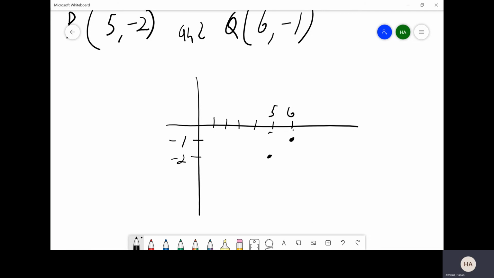So again, it's a fairly small line segment, but that doesn't mean that there's not going to be a midpoint. So we draw the line segment. Great. So we're looking for the midpoint, which is the point that lies halfway between both of them. So if this is P, this is Q, M, our midpoint, lies directly halfway between them.